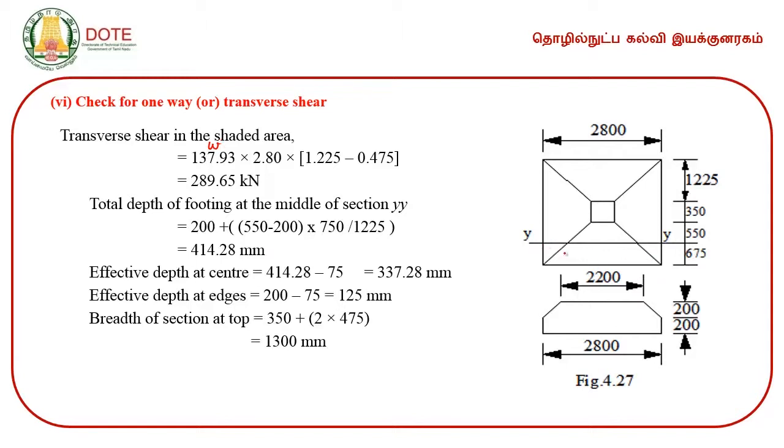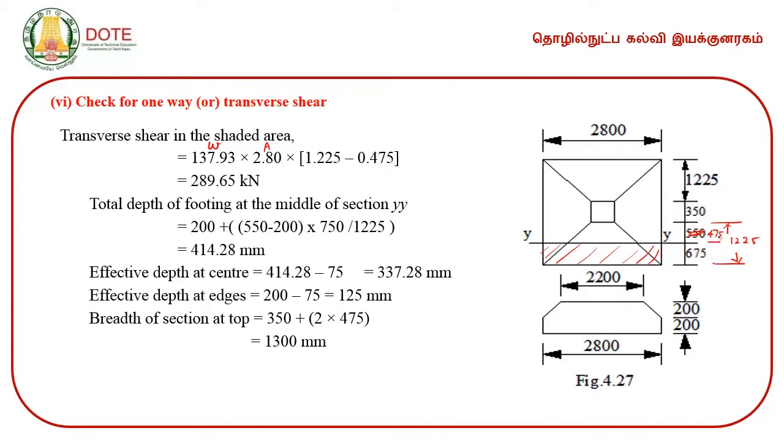2.8 meters, this length, and probably this is the hatched portion. In the hatched portion, the shear is found to be 289.65 kilonewton, this is the intensity, and probably this is your A value, and this is 1225, and this distance is D. This is not correct, this is 475.